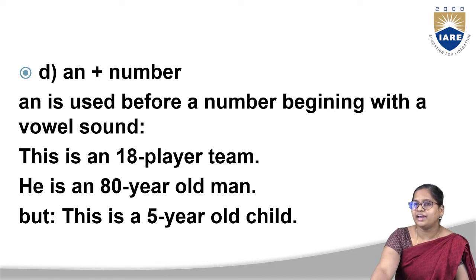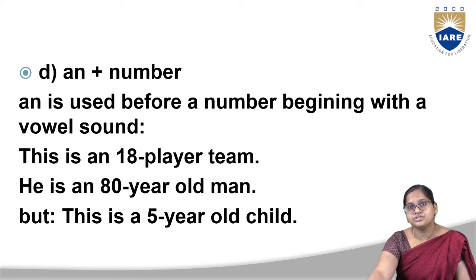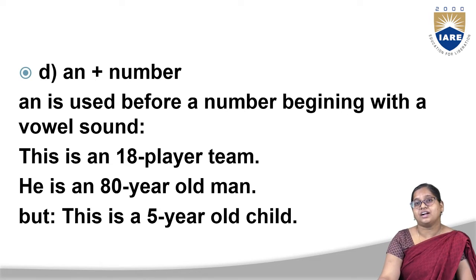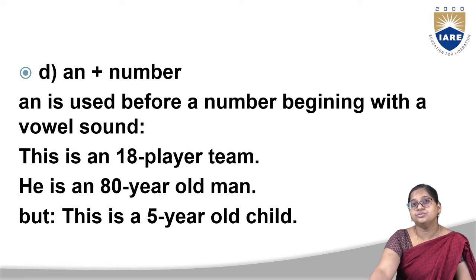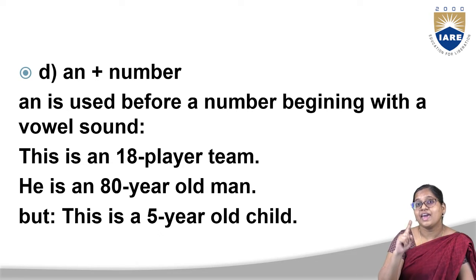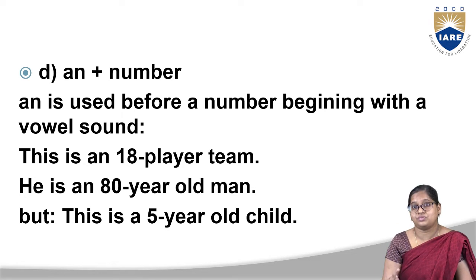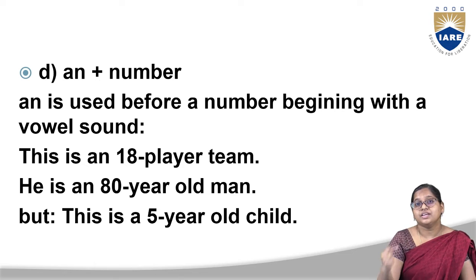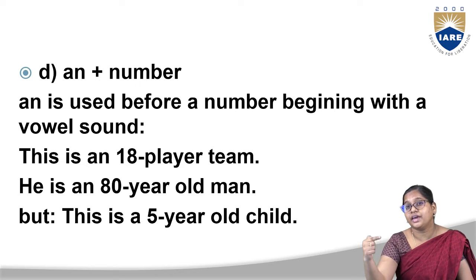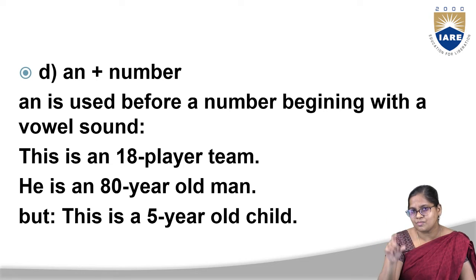So you can use the indefinite article "an" when you are using this number system. 18, 80, 11, all these are vowel sounds. Why do you have to use "an" with 18-year-old, 80-year-old? Because these are numbers, but they have vowel sounds.